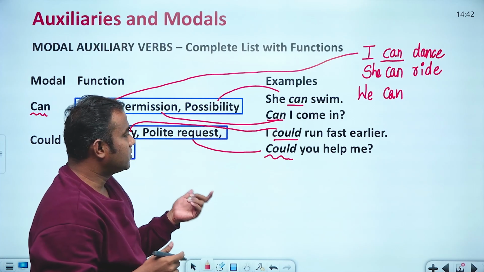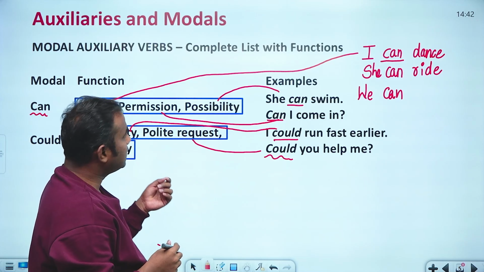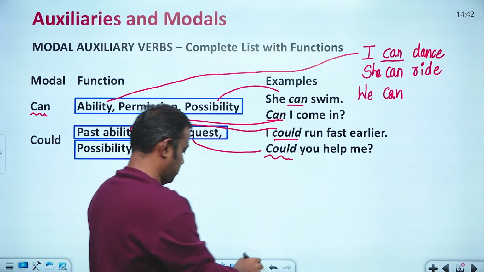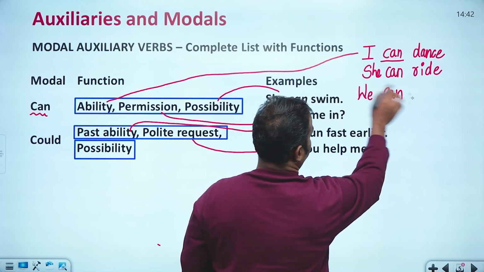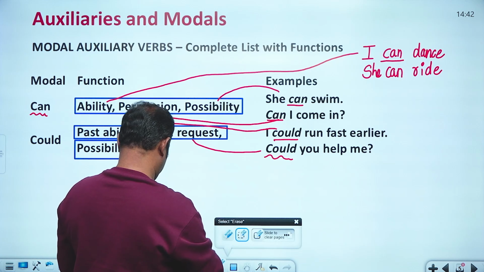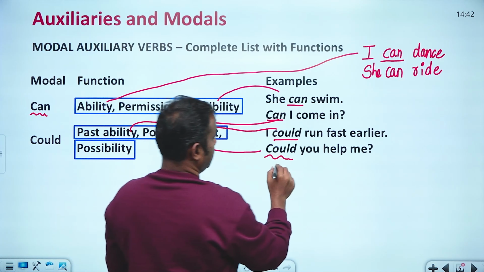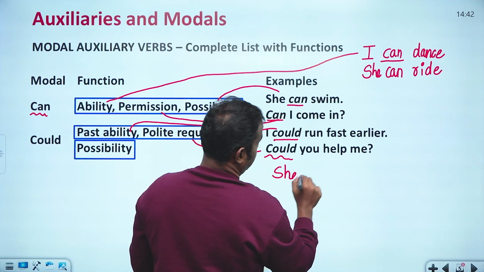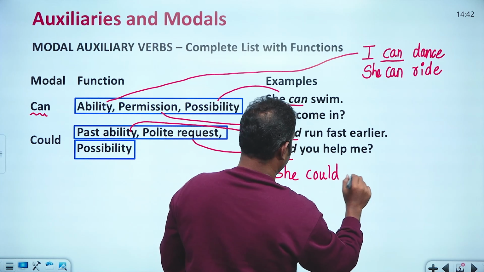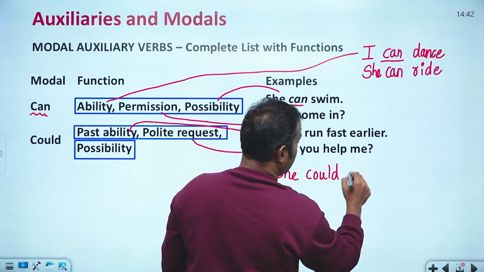Then possibilities. What are the possibilities? The same, you can use: she can ride. You can use the same sentence here. So she could ride. She could ask.